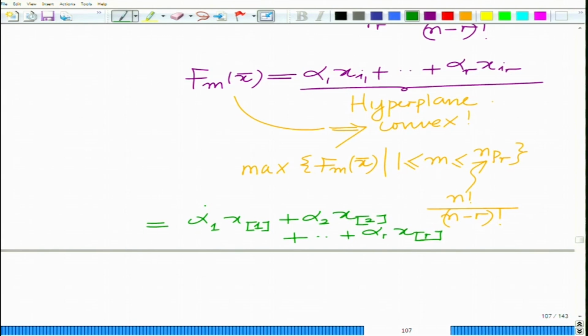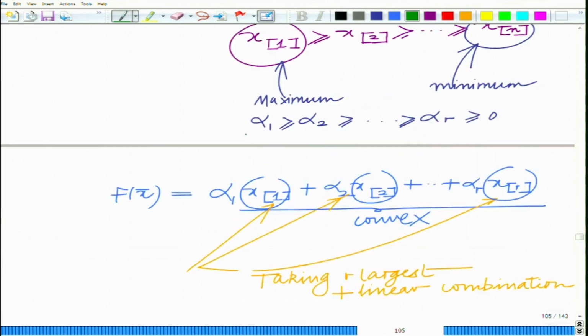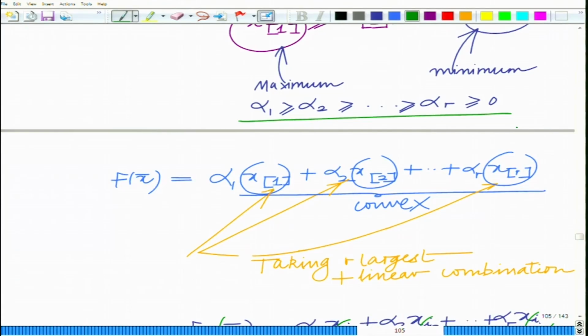Remember, we have said these coefficients alphas are arranged in decreasing order. So alpha 1 is greater than or equal to alpha 2, greater than or equal to alpha 3, and so on up to alpha r.